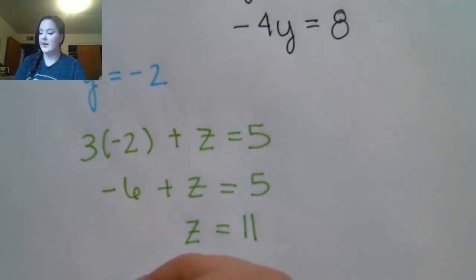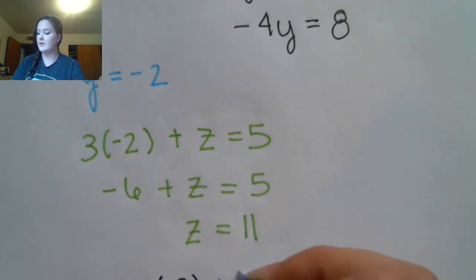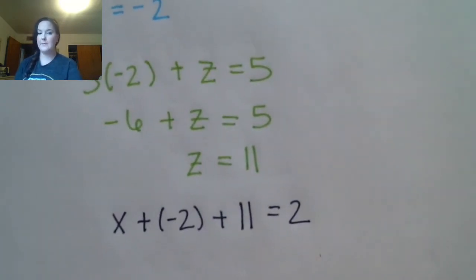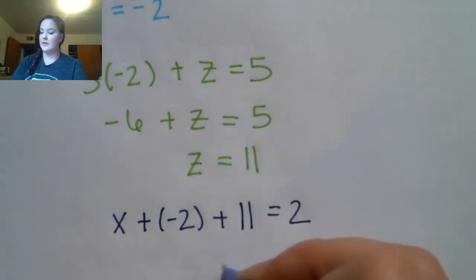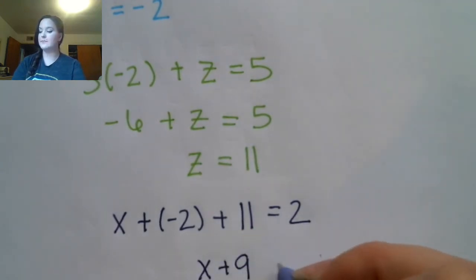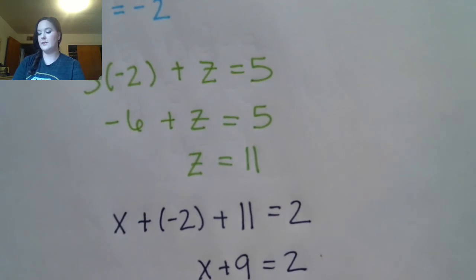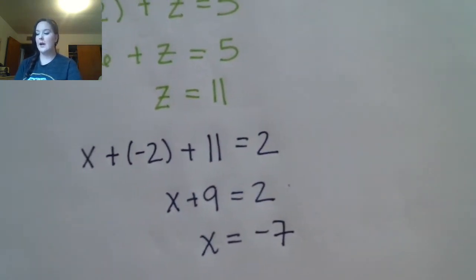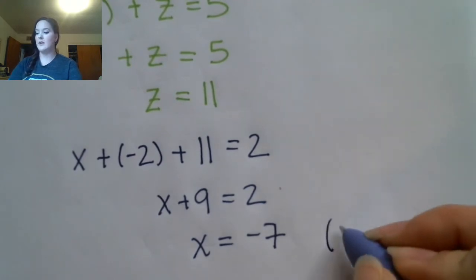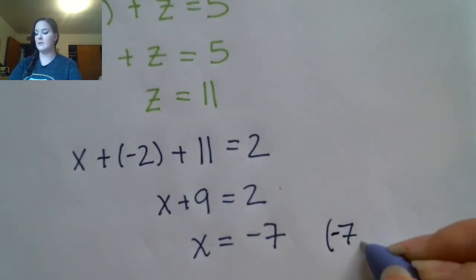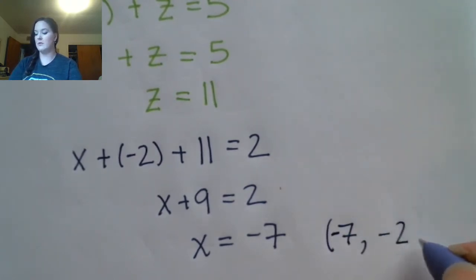So I had x plus y plus z equals 2. So -2 plus 11 is 9. So this gives me x equals -7. And now I'm going to order my answer, x, y, z.